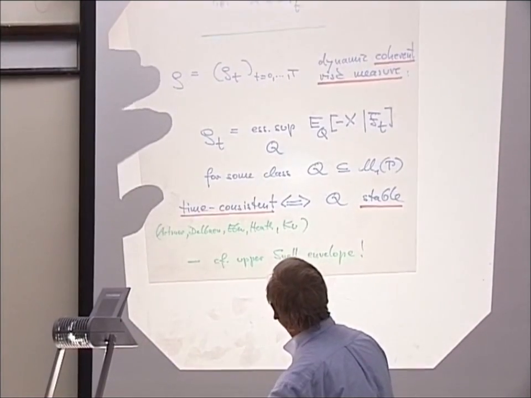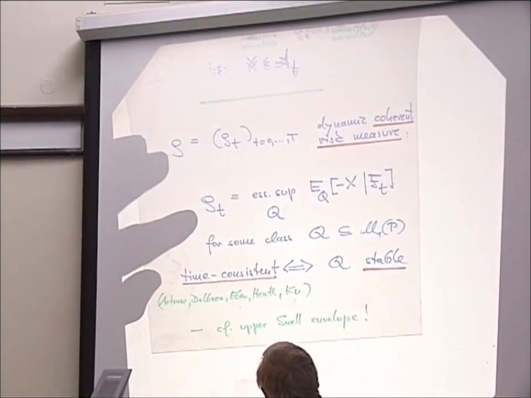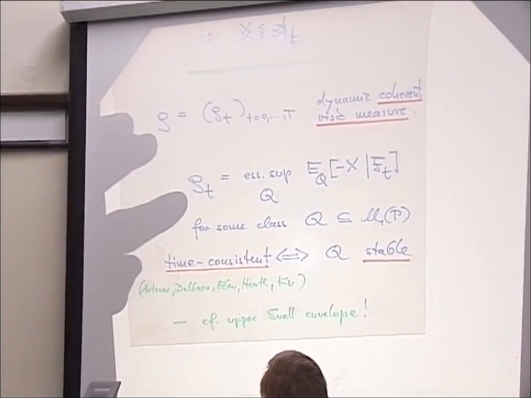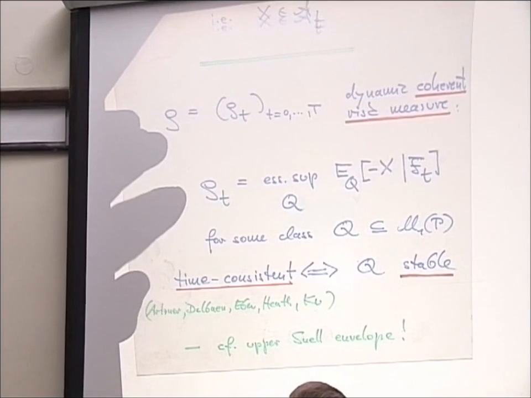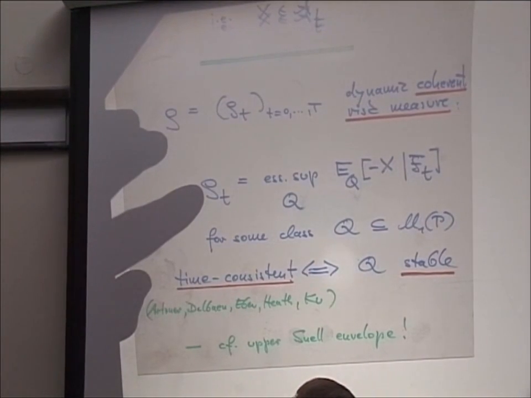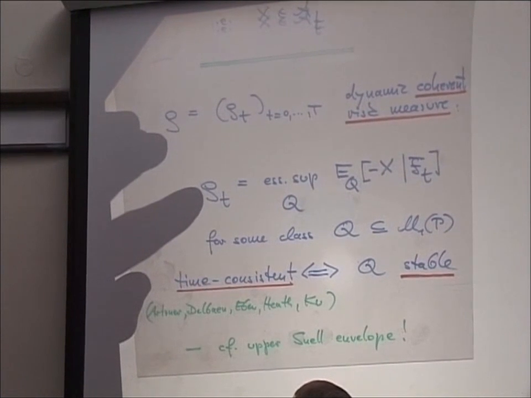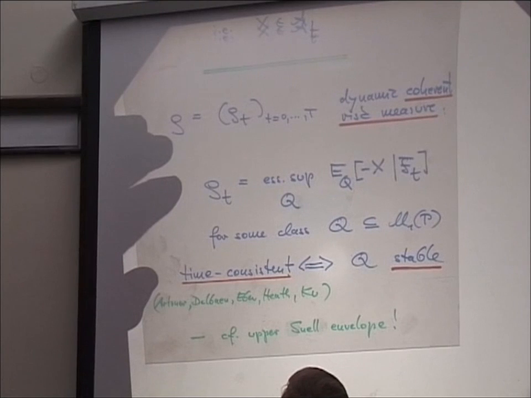Okay, now let's take a dynamic coherent risk measure where we have some class of models, and at each time we use, with the same class Q, this coherent risk measure induced by that class, conditionally, by using conditional expectation. Then, even though we use the same class all the time, it's not necessarily time consistent.